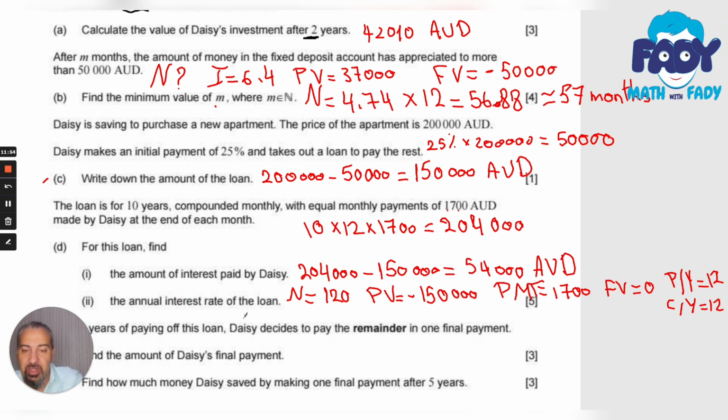So we'll press solve. I will be 6.4577 and so on, which is 3 significant figures, 6.46%. This is the annual interest rate for this loan.